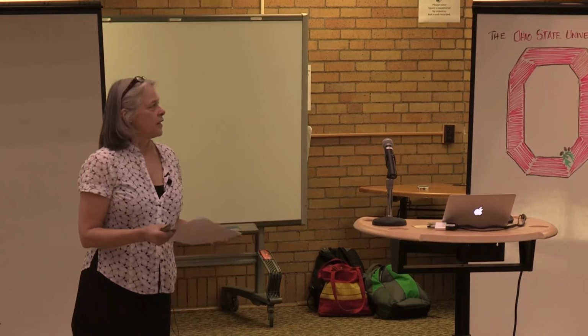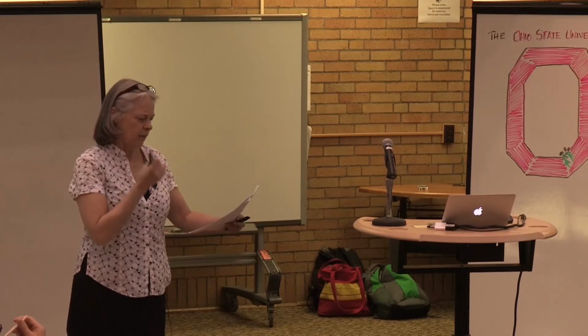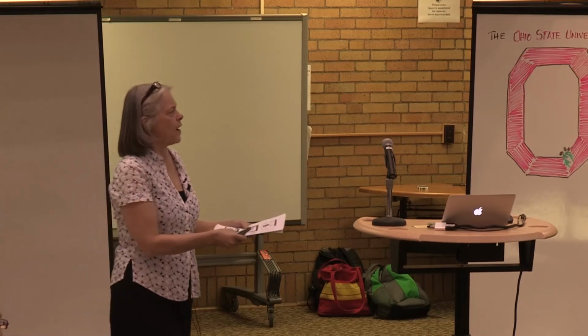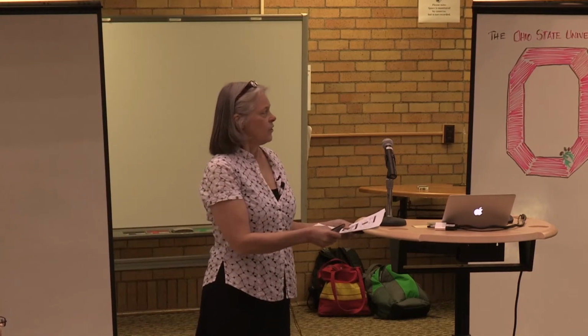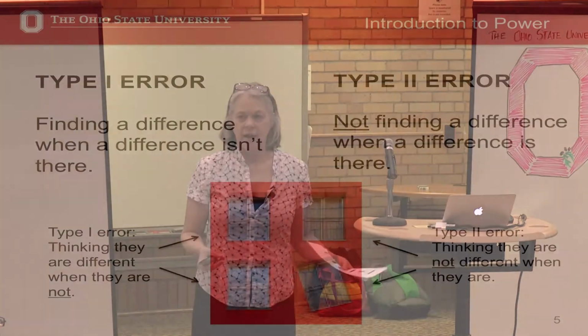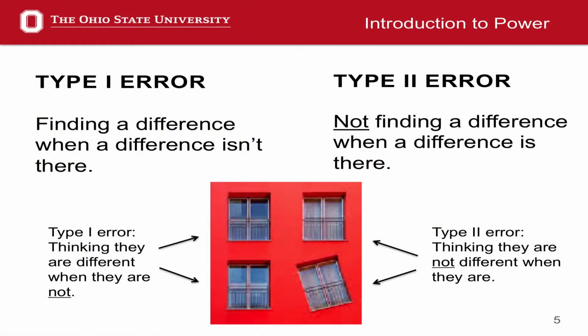When you're doing a hypothesis test, you can make a type 1 error, and that would be finding a difference when a difference isn't there. So if you look at the windows on the left, and you think those windows are different, then you are committing a type 1 error because you're detecting a difference when a difference isn't there.